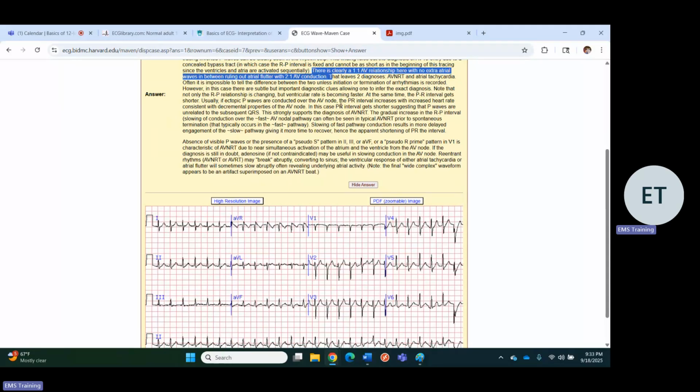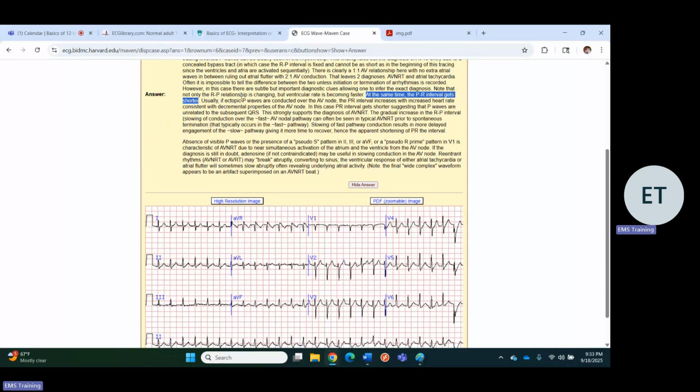Note that not only the RP relationship is changing, but the ventricular rate is becoming faster. But that makes it seem irregular. At the same time, the P to R interval gets shorter.